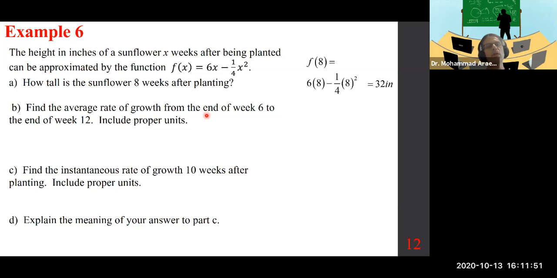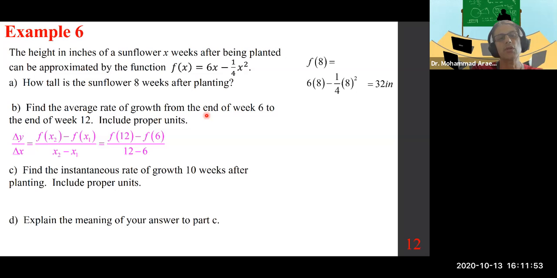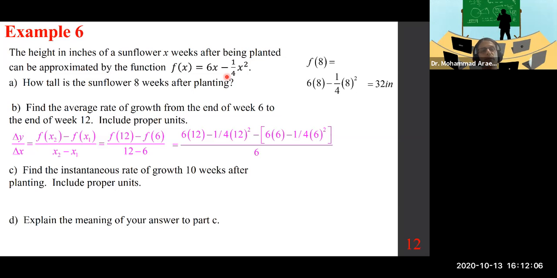So this is the formula that is used, the average: f of 12 minus f of 6 over 12 minus 6. And you plug in number 12, you plug in number 6, and the denominator is 12 minus 6. As far as the units, I hope everybody realized the units of the numerator, change in height in inches, over the units of the denominator, change in time in weeks. So that's why you have to pay attention when you come up with the proper units.